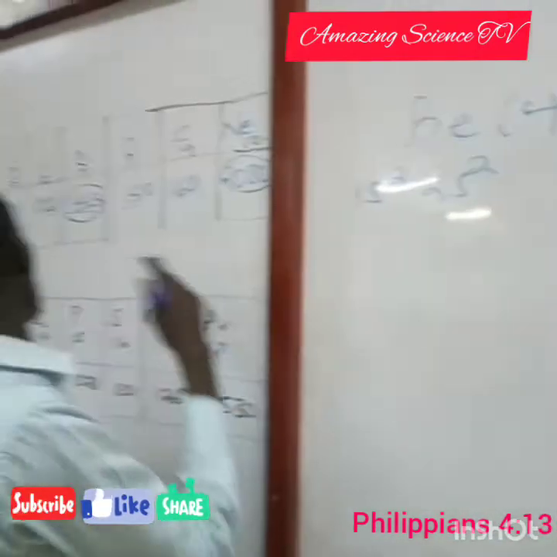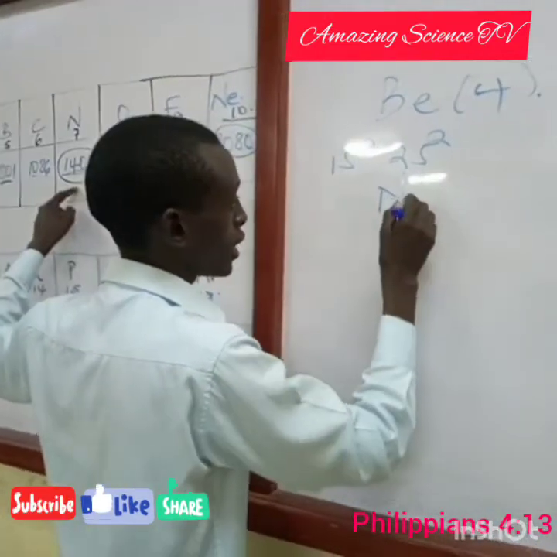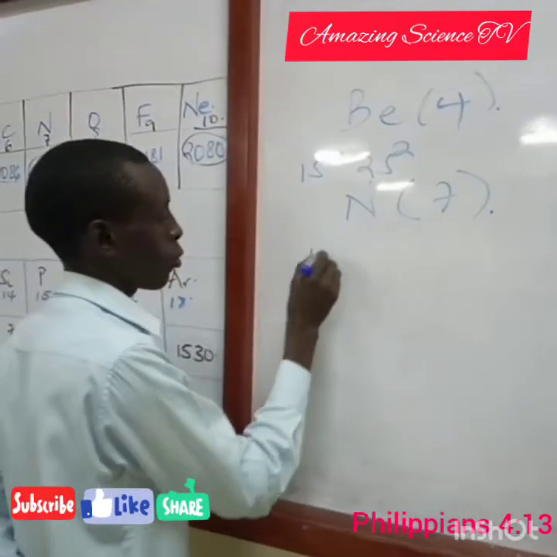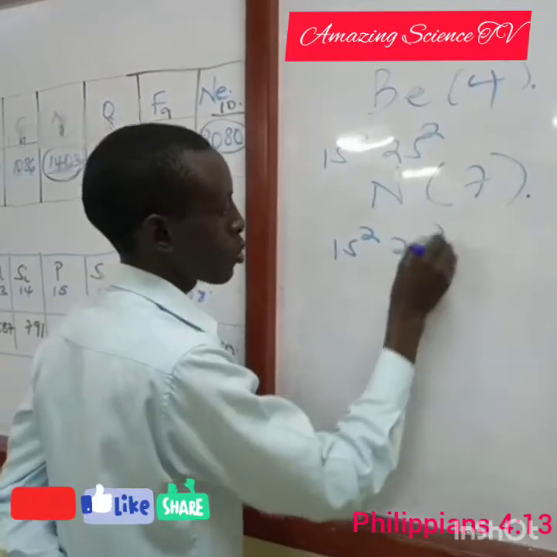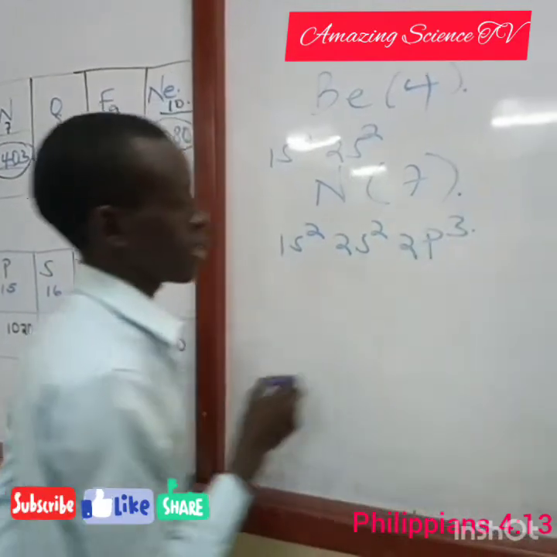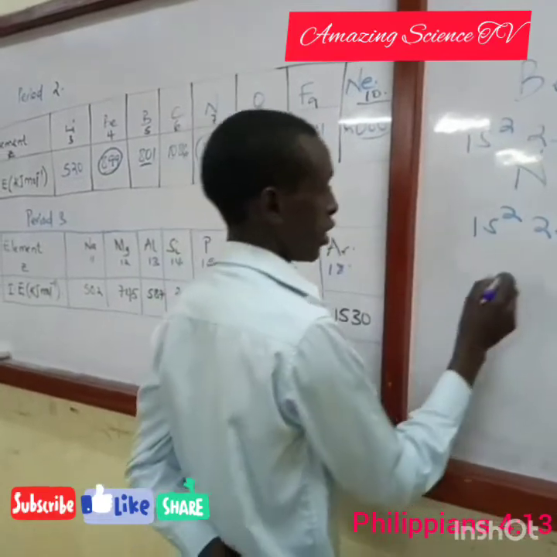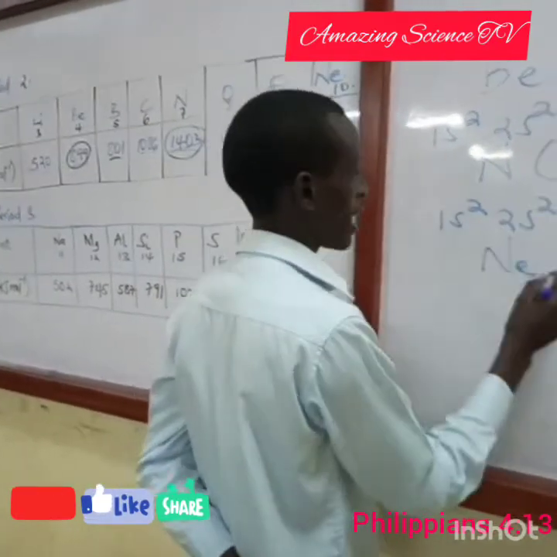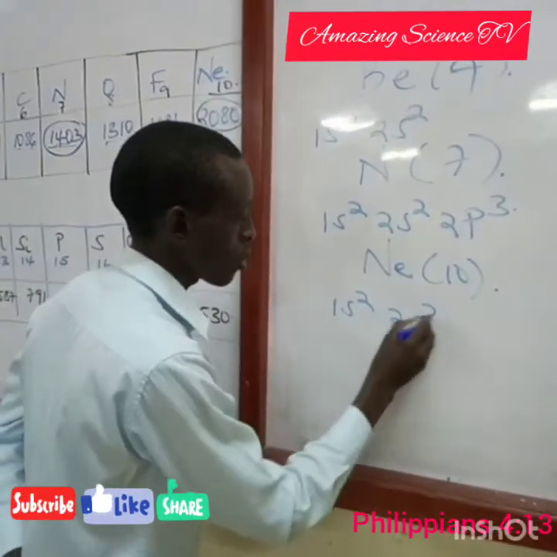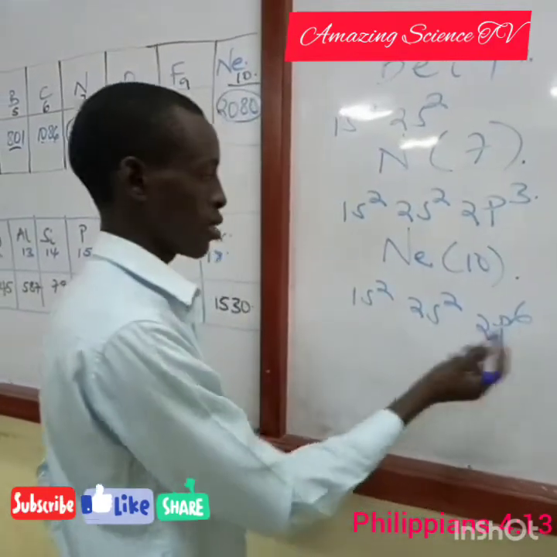And then when we go to nitrogen, which has 7, we have 1s2, 2s2, then 2p3, isn't it? Then also neon, which has 10, we have 1s2, 2s2, then 2p6, yes, 2p6.